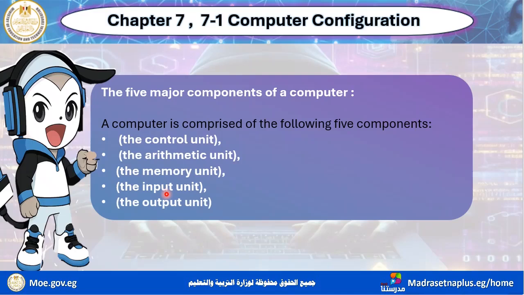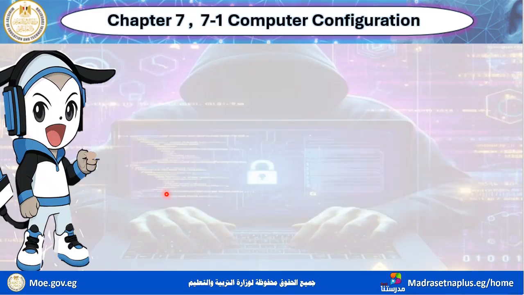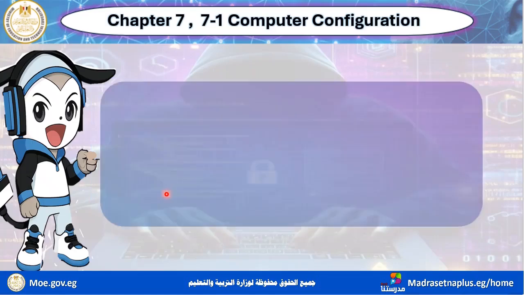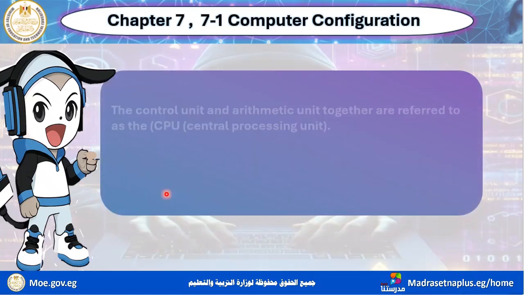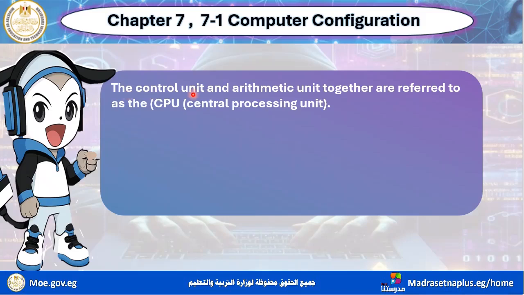So these are the 5 major components. The control unit and the arithmetic unit together are referred to as the CPU. So, the control unit and the arithmetic unit, we call them the CPU, Central Processing Unit, because it thinks and gives logic to all your operations.